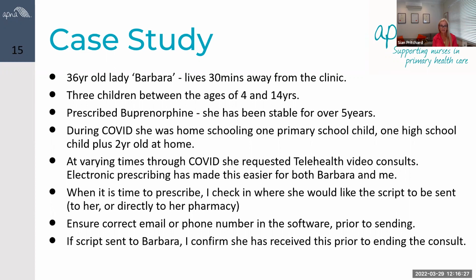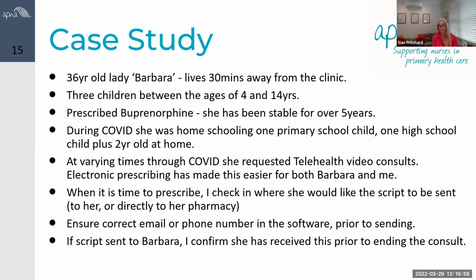Once I've got my script correct, I double check, okay, if you want this sent to your phone, I want to confirm the phone number with her. It's not that easy to explain without you seeing the medical software, but it's a really easy process. When you get to the end of writing the script, it either says print and save or print and send. When I click send, another screen flashes up and I can choose where we send that script to.